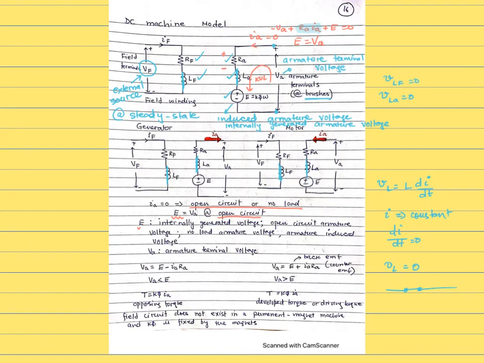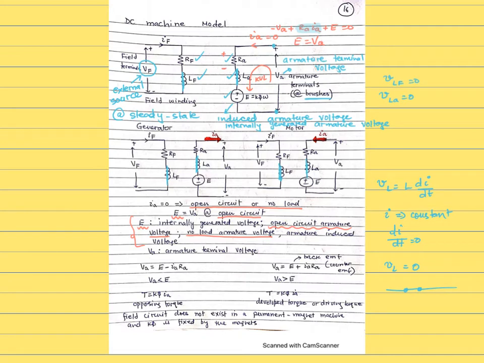By definition, E is also called open circuit armature voltage or no load armature voltage. All these are names for E, which you're going to see at different times. And VA is called armature terminal voltage.